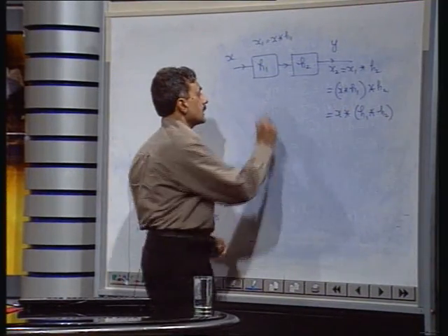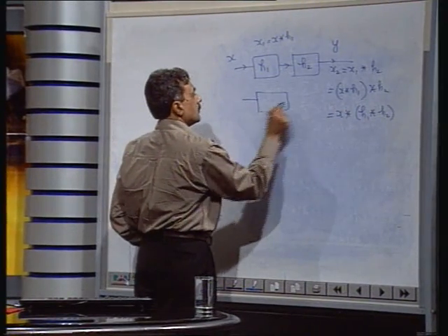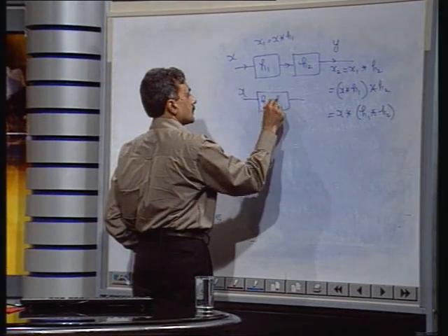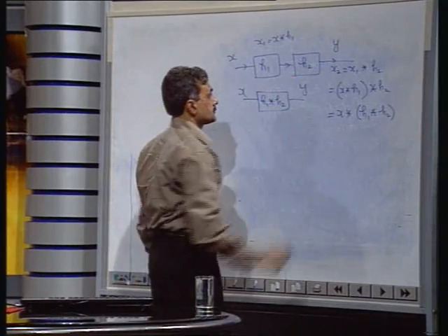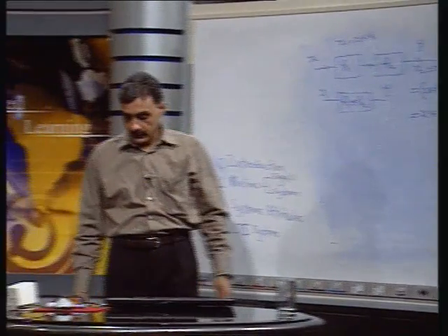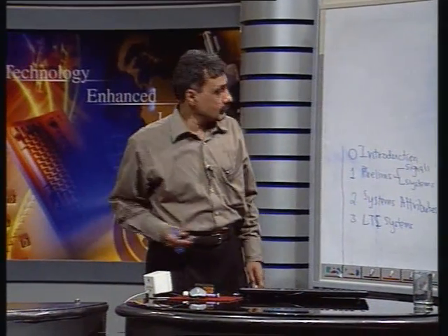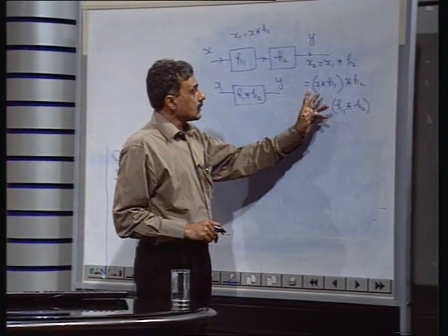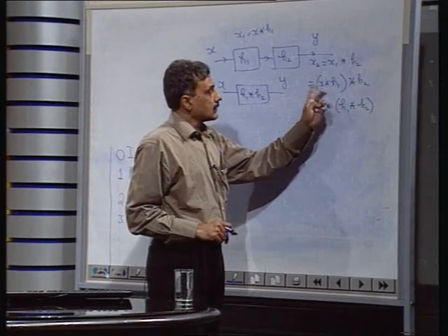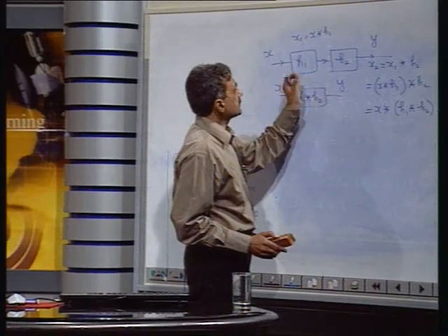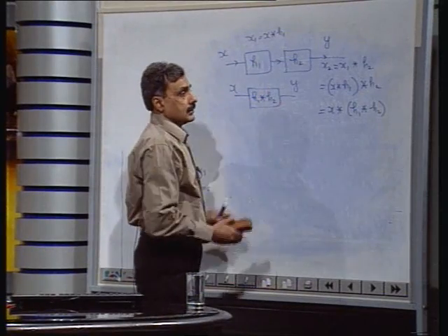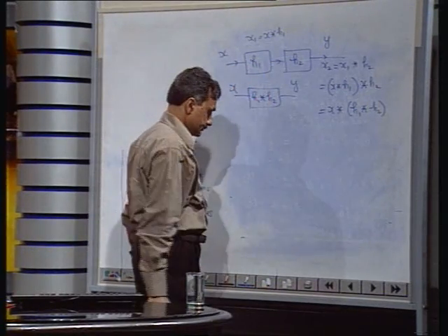So I can have one system whose input is x, impulse response is h1 convolved h2, and output is y or x2, whichever you wish to call. Convolution also commutes. This is how the block diagram can be simplified and a cascade put down into one system.